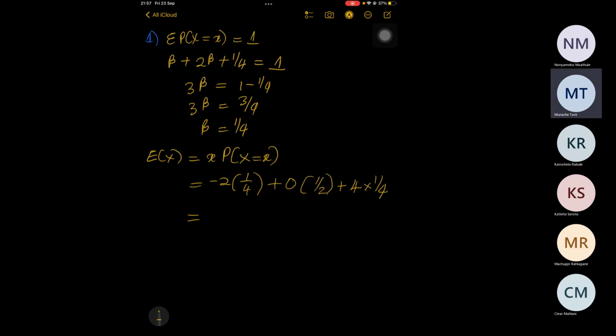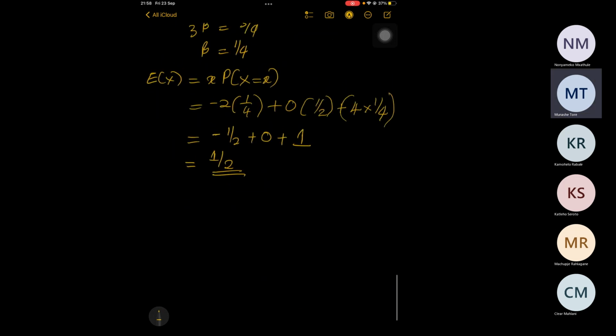Then it's going to be -1/2 plus 0 plus 1, because this is equal to 1. So the value of E of x in this case is going to be 1/2.